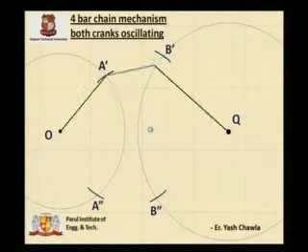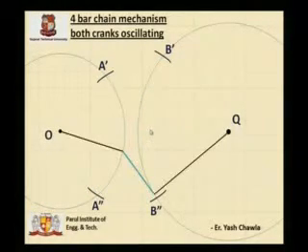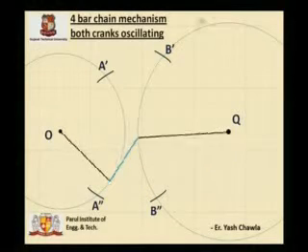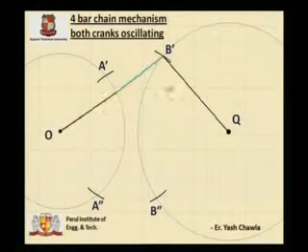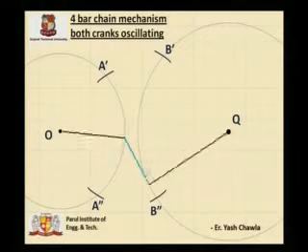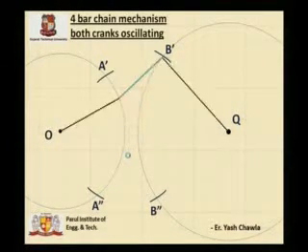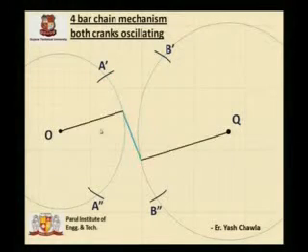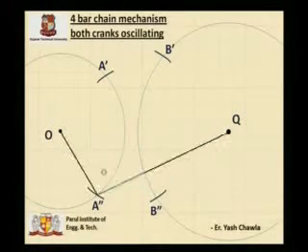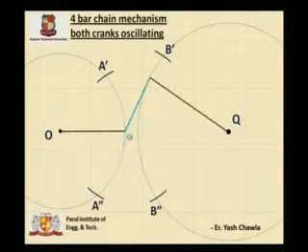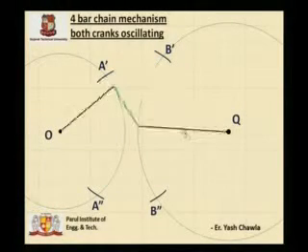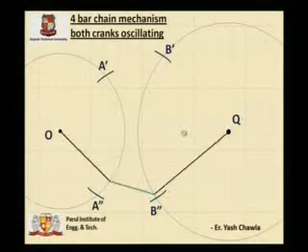Now I want you all to observe a very simple thing in this figure. See, when does this particular crank change its direction? When OA and the connecting rod come in a straight line. Similarly, when does BQ change its direction? It is when the connecting rod and BQ come in a straight line.